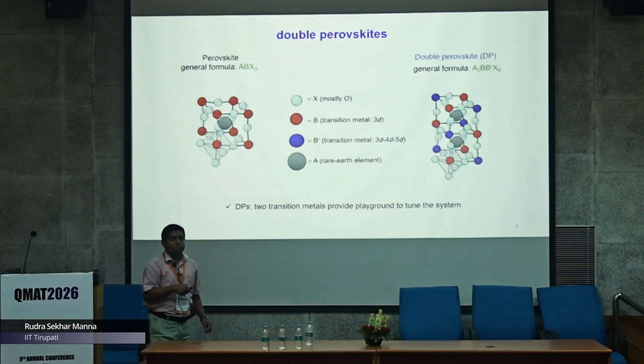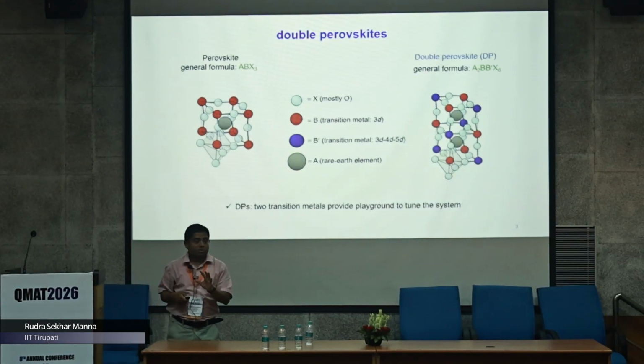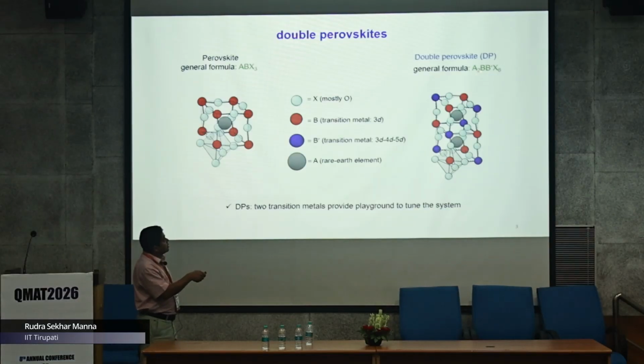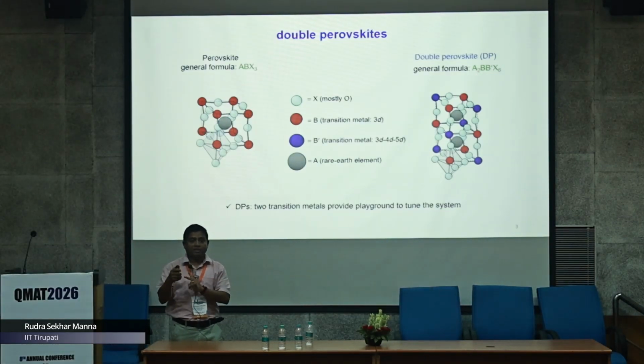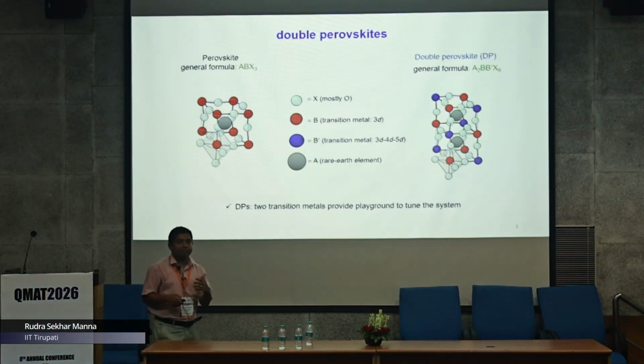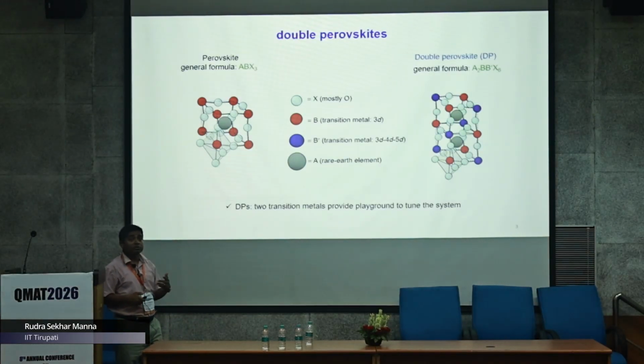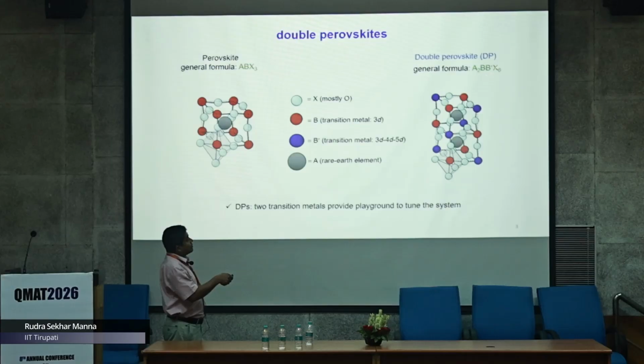But B and B prime usually are transition metals, so either you can have 3D or 3D 4D, 3D 5D, or whatever combination you would like, depending on what kind of physical properties you are interested in. And we also keep the oxygen position here. X is basically oxygen as it is.